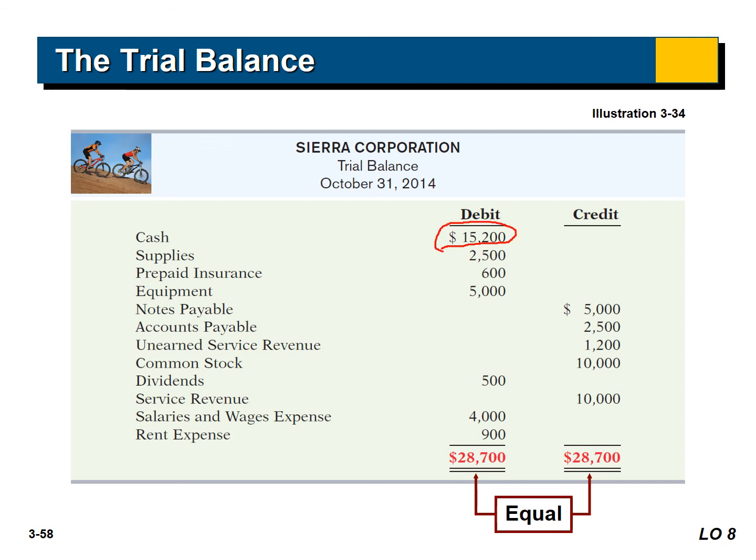All I do is transfer the balance or list the balance of each account and keep it on the correct side, either debit or credit side, and then add up all of your debits, add up all of your credits, and they should equal. If they don't, you made an error. You either made an error in your journal entries when they didn't equal each other, or maybe you posted to the wrong side of the account, or you posted a wrong number.